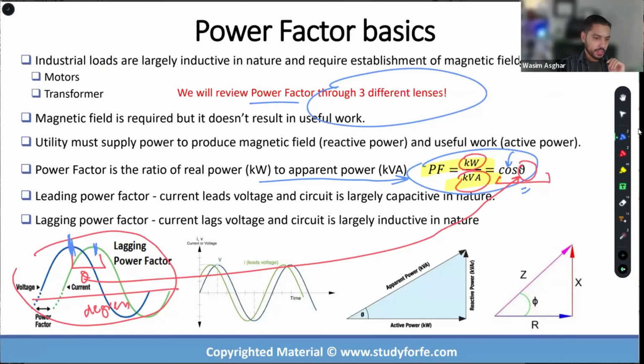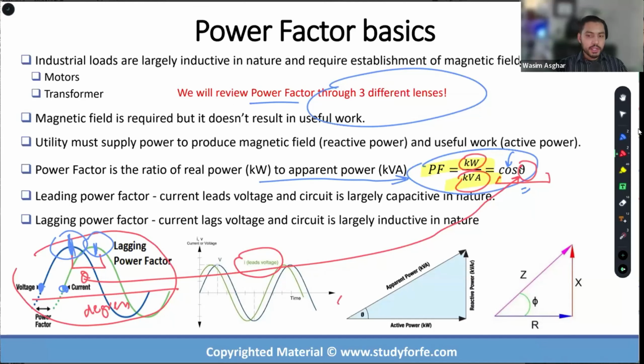So pick any point, whether it's the starting point of this waveform and the starting point of this waveform, or the peak of this waveform and the peak of this waveform. Select one point and do a delta. That's how you extract it. And you can also have a current that is leading the voltage, right? We're going to talk about leading and lagging power factors in a bit. They're very important to understand.